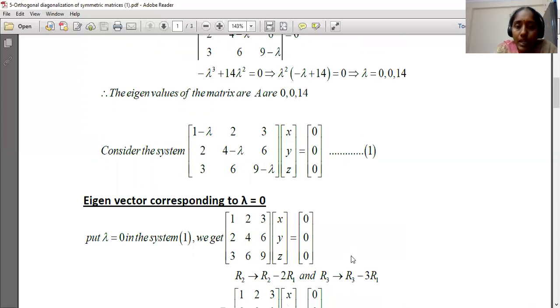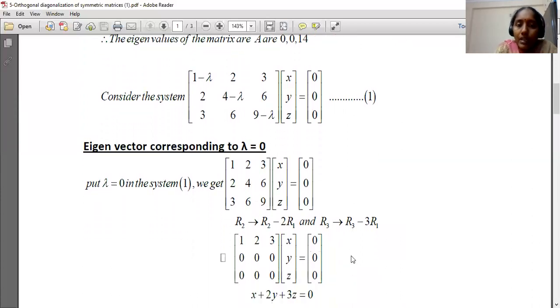So now, using elementary transformations, observe this. R2 is a constant 2 times R1, and R3 is 3 times R1. Each row is a constant multiple of the first row. Using elementary transformations, convert this matrix into echelon form.